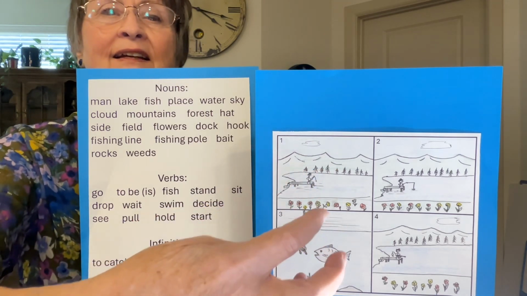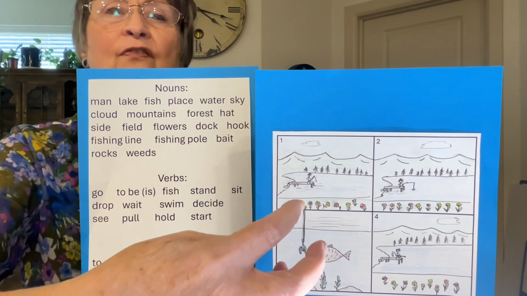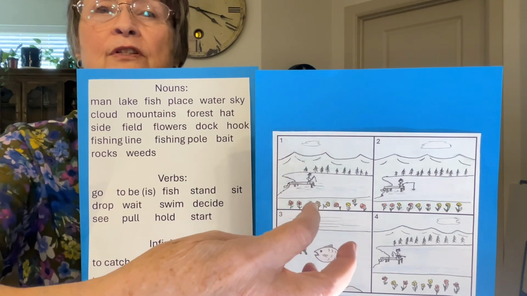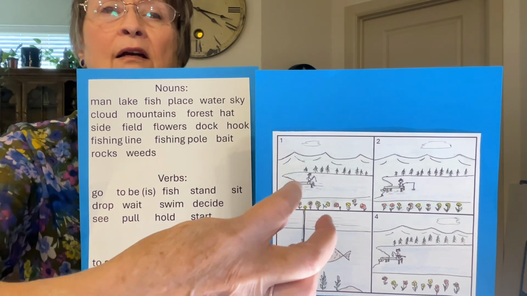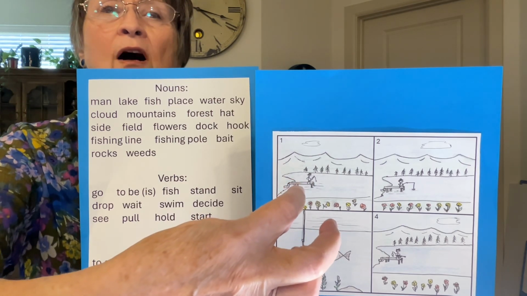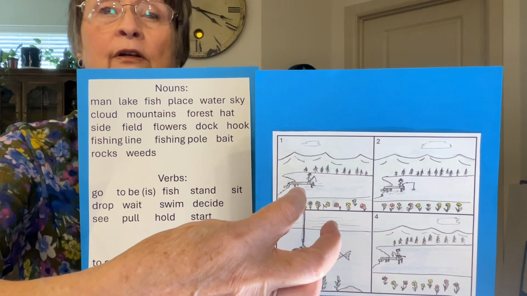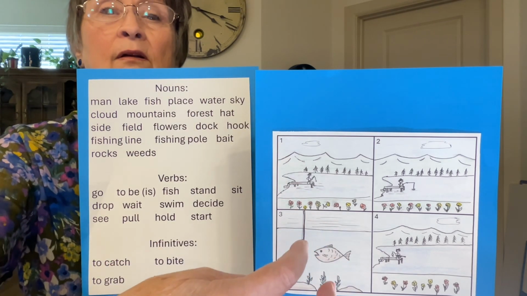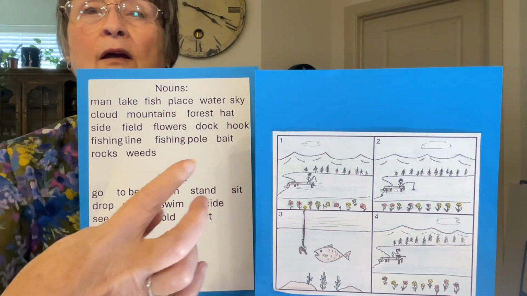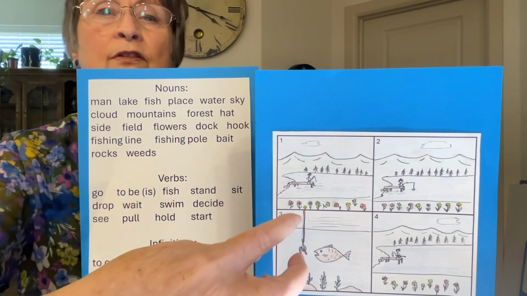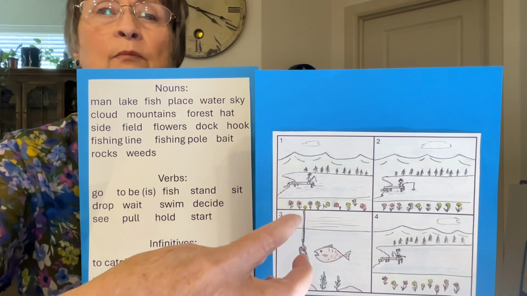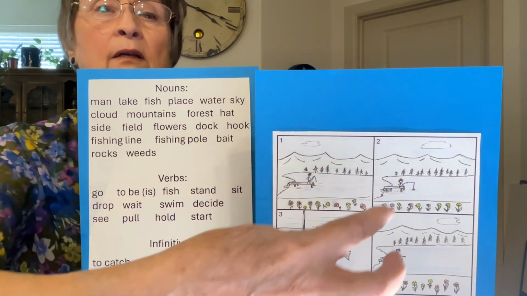Side, field, flowers, dock. That thing out in the water is a dock, or it can be called a pier, either one. Hook, right here, hook. A fishing line, that's the string that comes down, fishing line. Fishing pole is here, and here, and here.